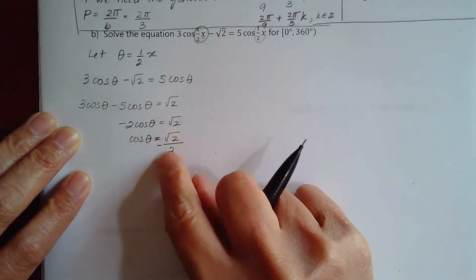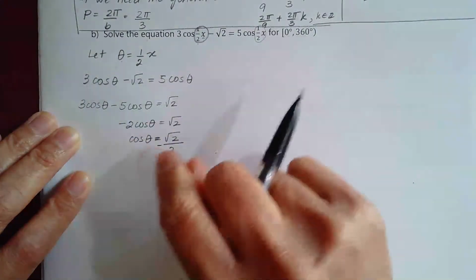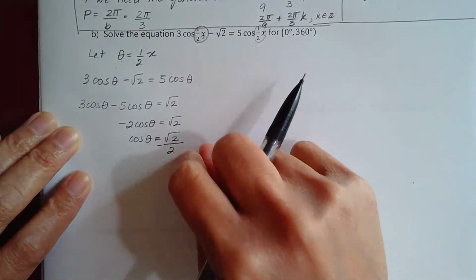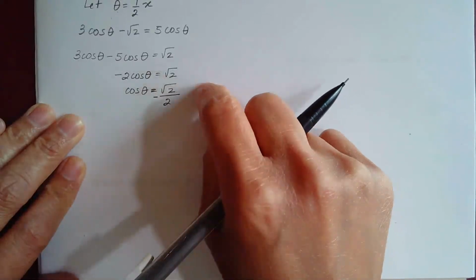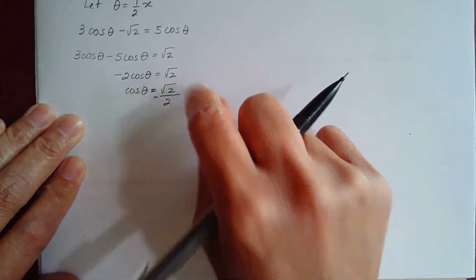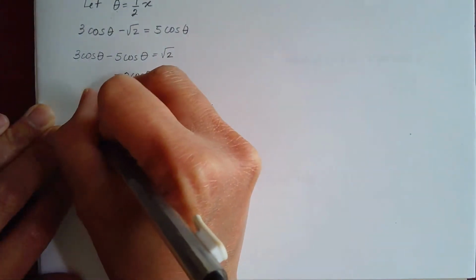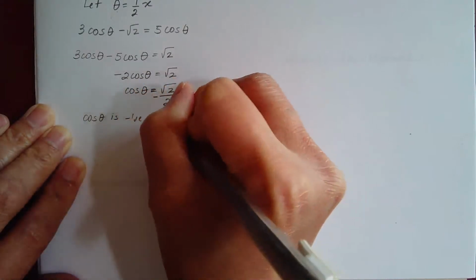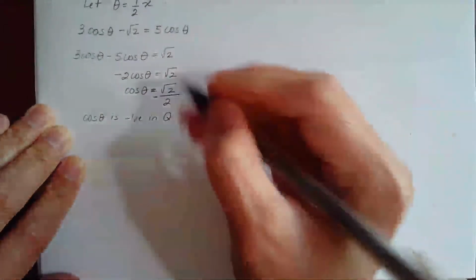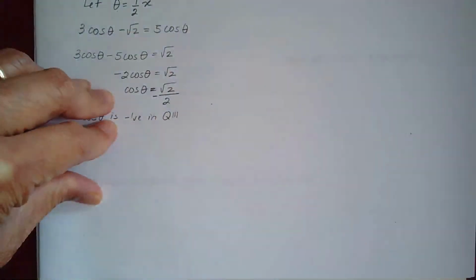At this stage, we should recognize that root 2 over 2 is a special angle. So what are we going to do? We have to look at where cos is negative. Cos theta is negative in quadrants 2 and 3.